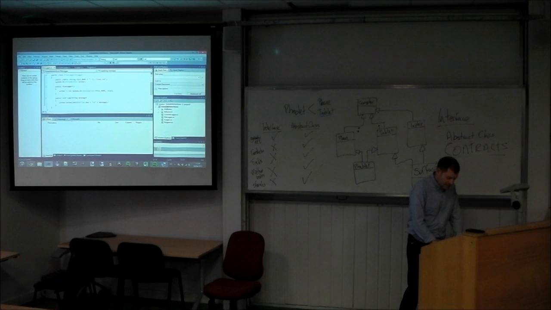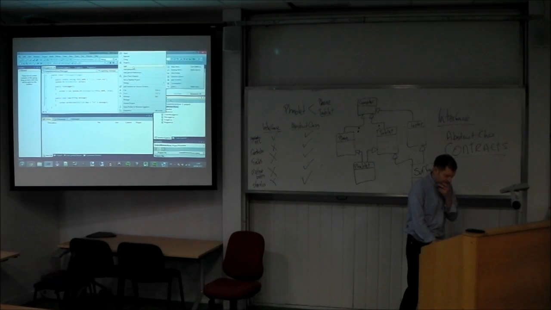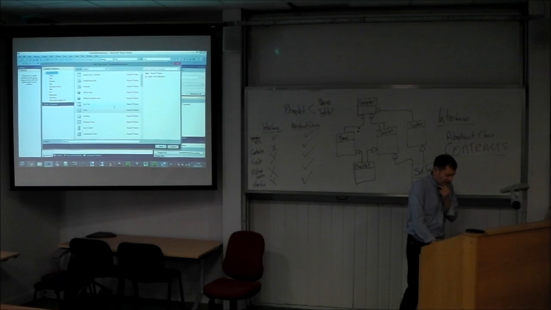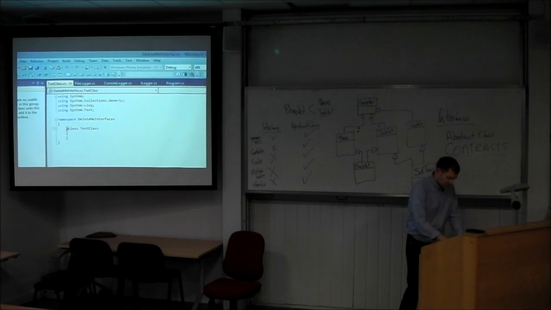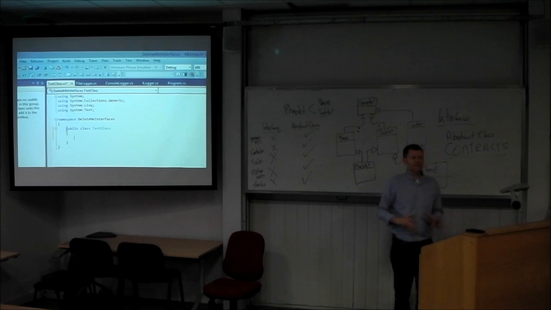So let's make use of a class. Let's add a class now that makes use of logging. I'm going to click add new item here. Just for the hell of it, I'm going to call this TestClass. It's just an ordinary C# class, right? Now, we've got two ways of logging. This class doesn't really care how the logging is done.